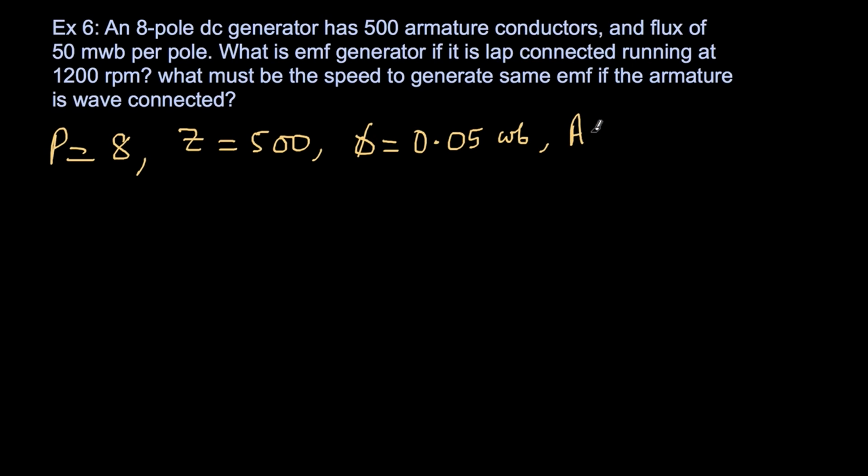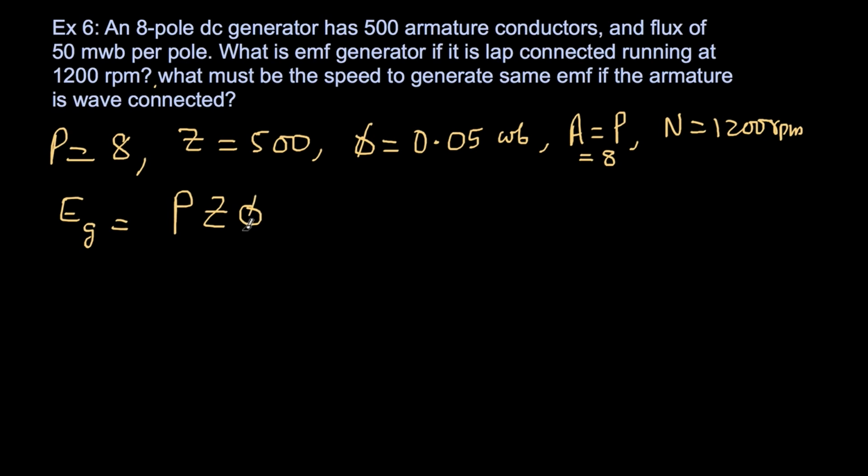The EMF generated is for a lap connected winding running at 1200 RPM. So the number of parallel paths equals the number of poles, and N equals 1200 RPM. Because this is lap winding, I'm getting this relation. It should be proportional to P, Z, phi and N, and 60 A will be in the denominator.